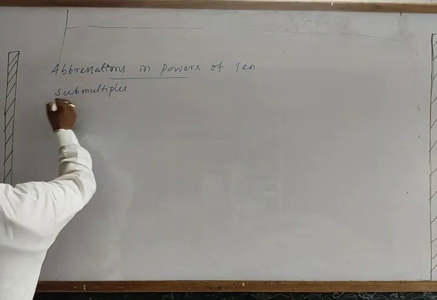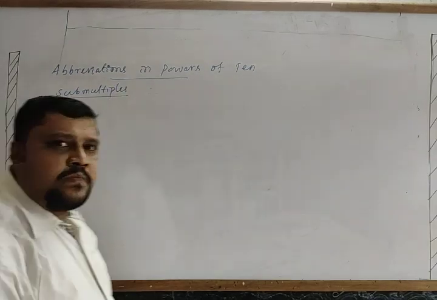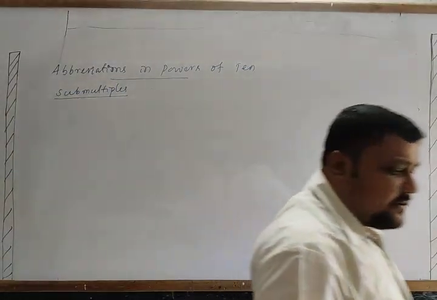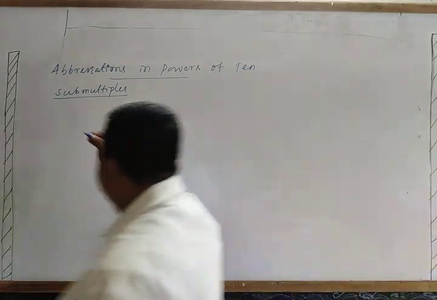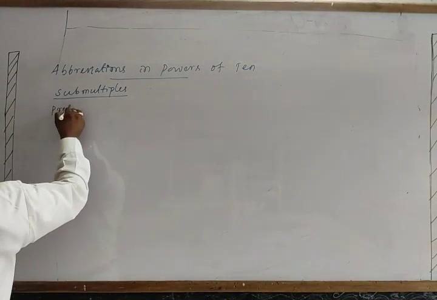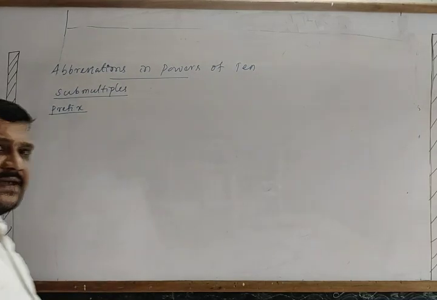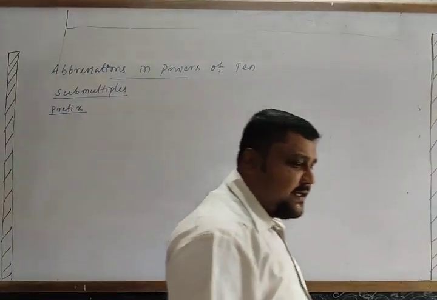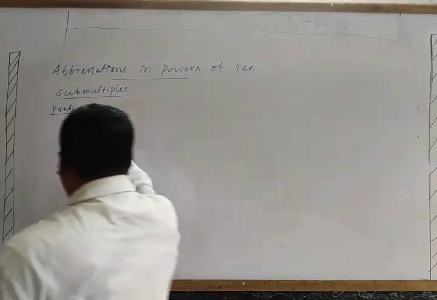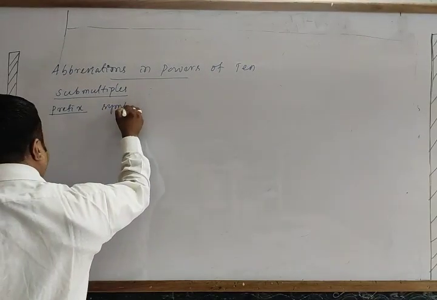So we will remember this means submultiples. For the submultiples, I am using a prefix like that. I will write like this: prefix, and for that prefix, I am using a symbol. What is the symbol for that prefix?